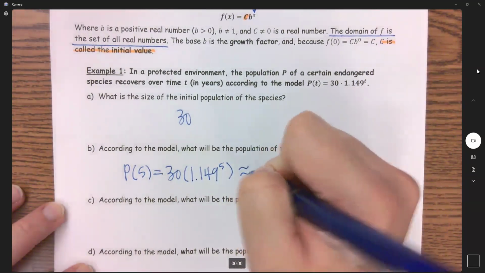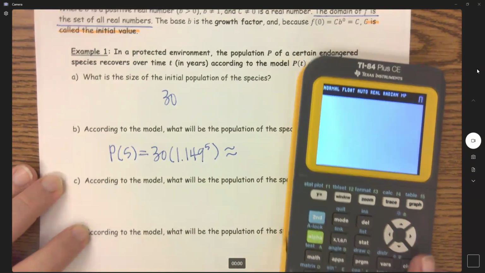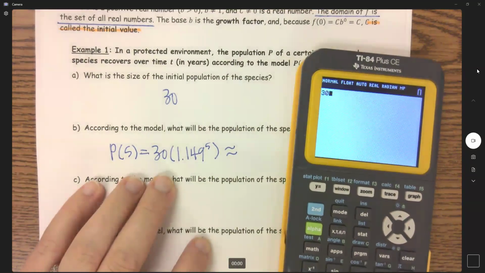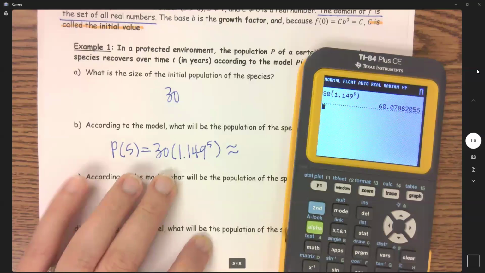So let's find what this is about. 30 times 1.149 to the 5th, and we get about 60.